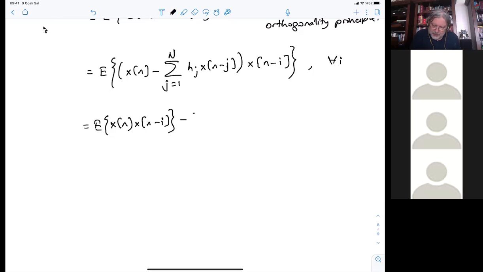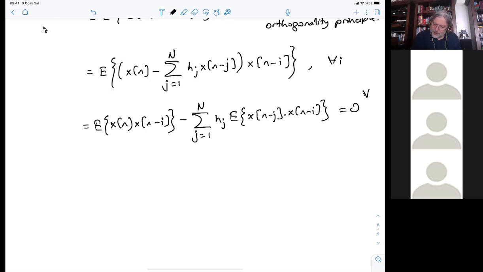See what I'm doing. Be careful and closely inspect what I'm doing. Summation j from 1 to N. So I'm pushing the expectation operator inside the summation. And I'm also taking this hj out of the expectation operator, because it's the coefficient. Expectation is now starting. And inside we have the random signal x of n minus j times x of n minus i. Okay, this is equal to 0, again for all i.